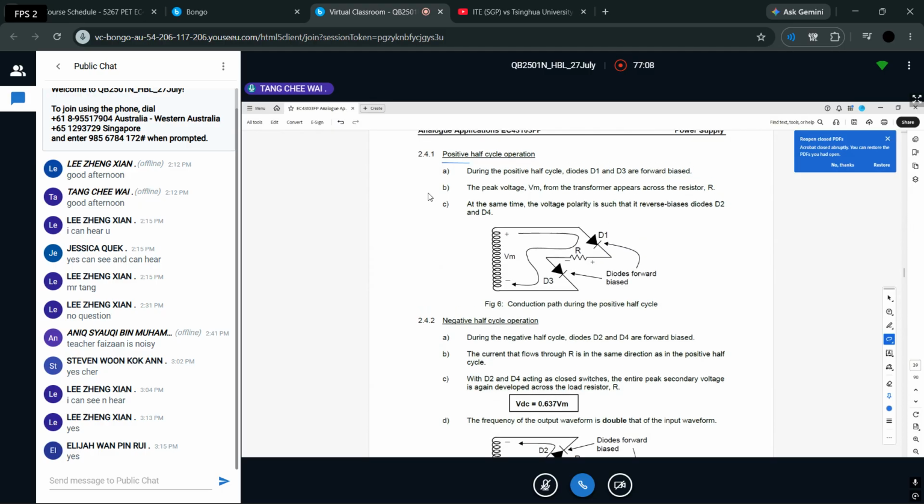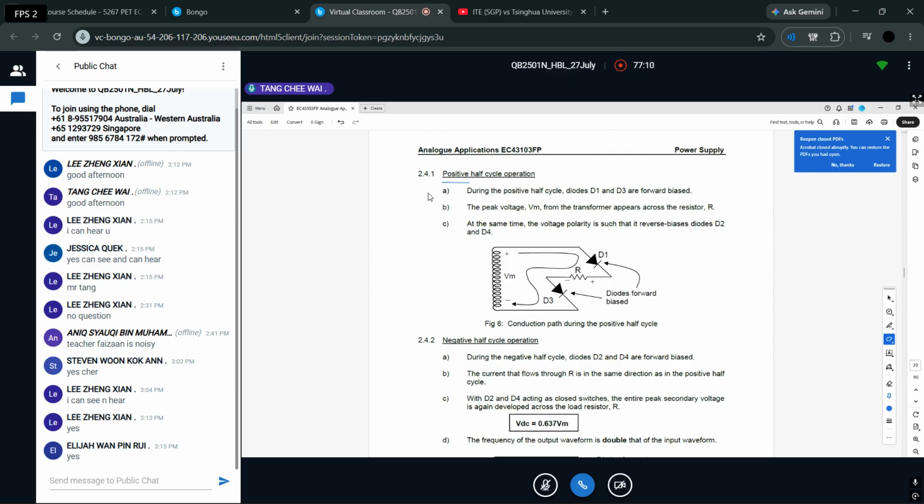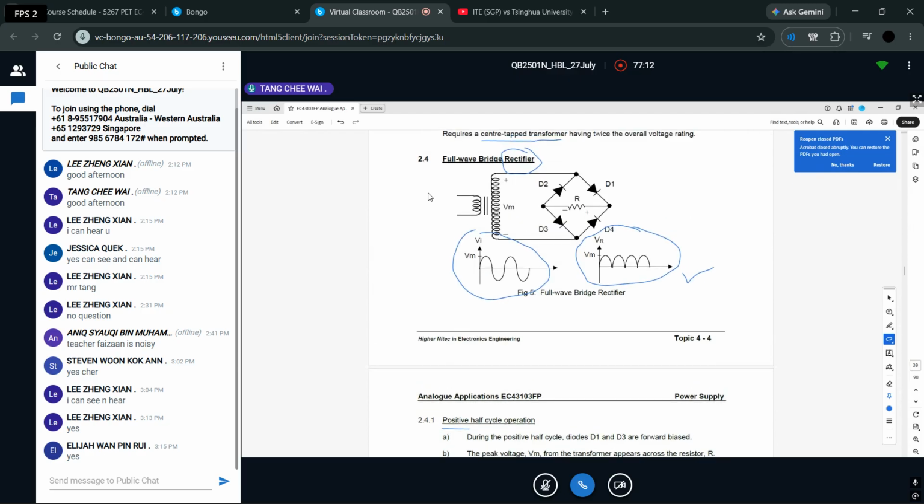So now we go back to here. What does it mean? It means here it is positive. This one will be forward bias, D1. And then I go past through R and then come down to D3.